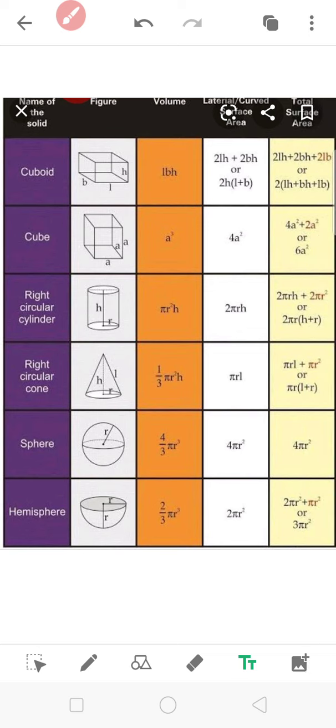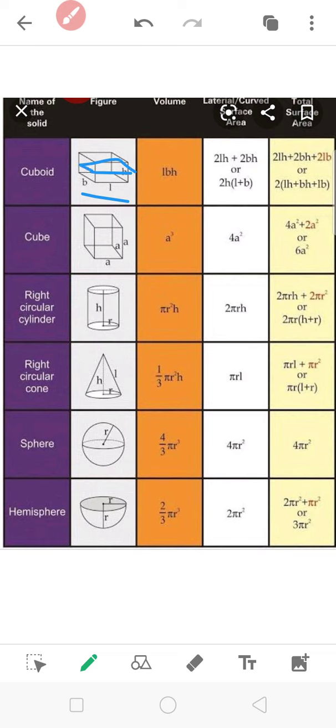First, cuboid. This is the shape of the cuboid, you know that, and its volume is length, breadth and height, that is LBH. The lateral surface means the four sides; only these four sides we call the lateral surface.